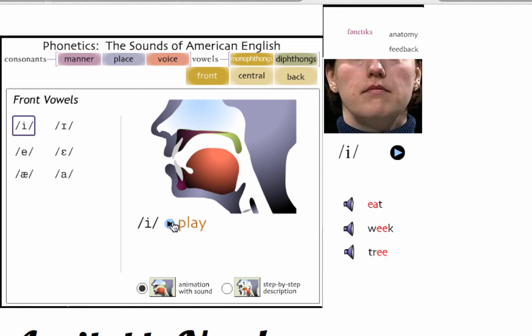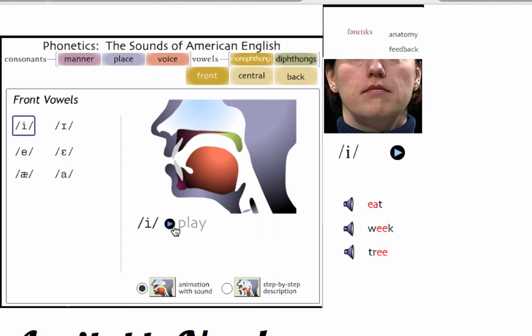As you can see, the E sound puts the tongue really high up as opposed to this one, which is really low.